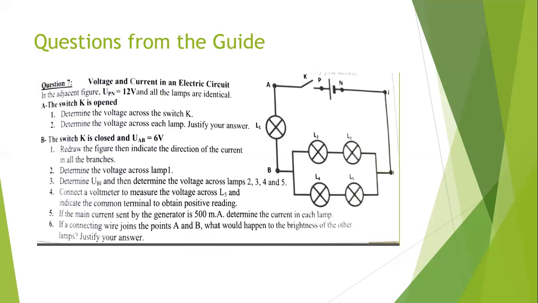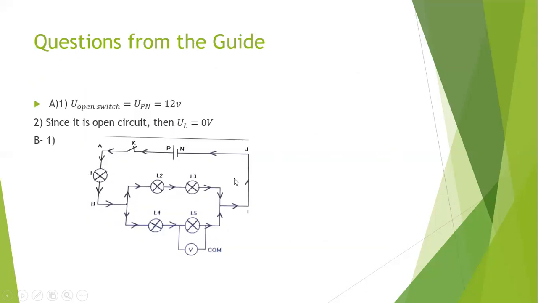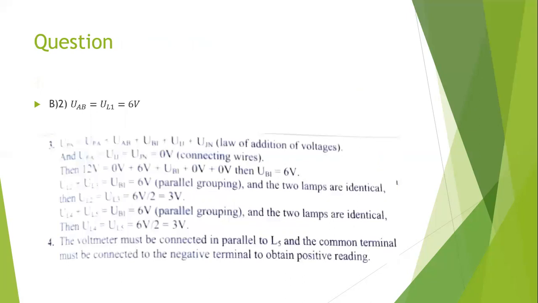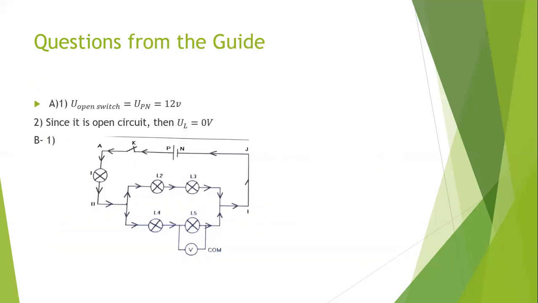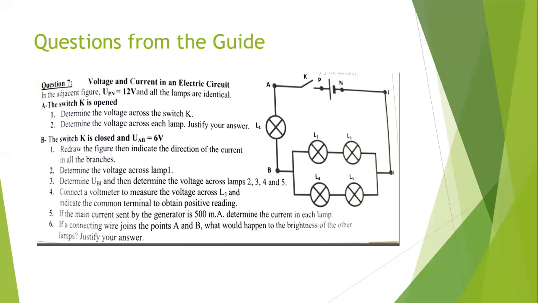Determine the voltage across lamp L1. Since UAB equals 6 volt, then UL1 equals 6 volt. Determine UBI and then determine the voltage across lamps 2, 3, 4, and 5.